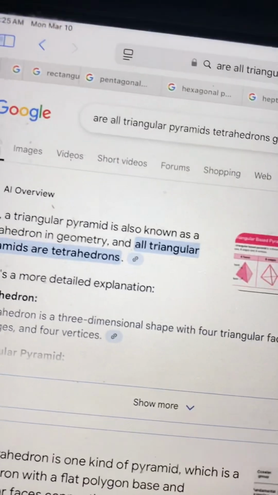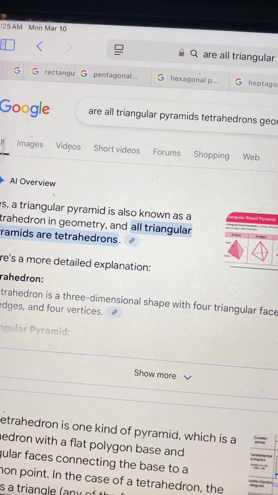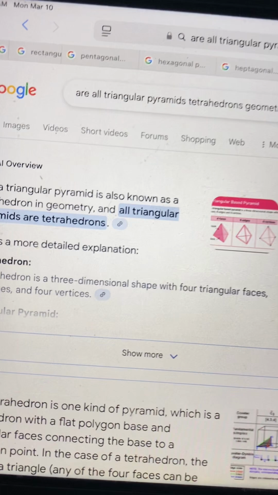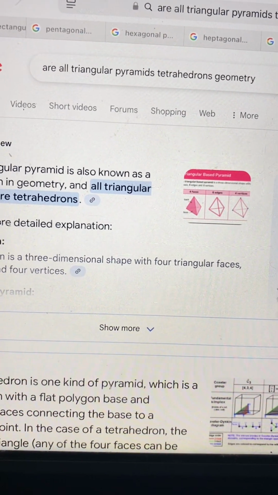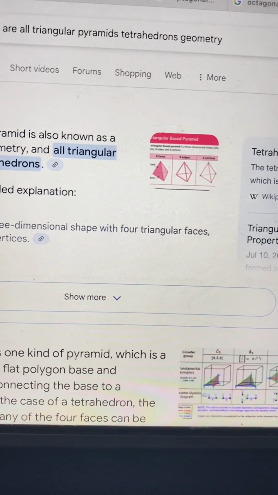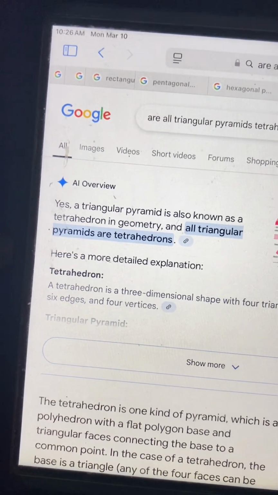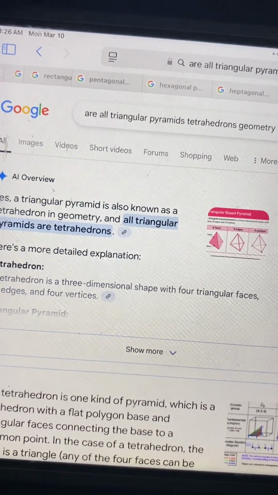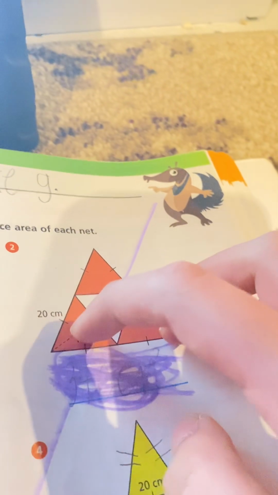So, yes, all triangular pyramids are tetrahedrons, but not all of them are regular tetrahedrons, because some triangular pyramids could have scalene triangles as their faces, in which case it is an irregular tetrahedron. But that's still a tetrahedron, right? So, all triangular pyramids are tetrahedrons, and surprisingly enough, the opposite is also true. All tetrahedrons are also triangular pyramids, because it looks like a pyramid, and it has triangular lateral faces.